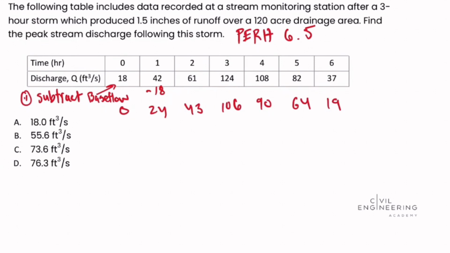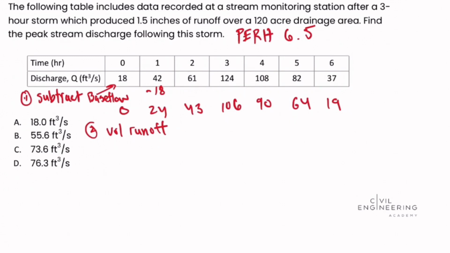Now we're going to calculate the total volume of runoff from the storm event. What we've done in step 1 is get the discharge at each hour interval just from the storm by subtracting out the base flow.